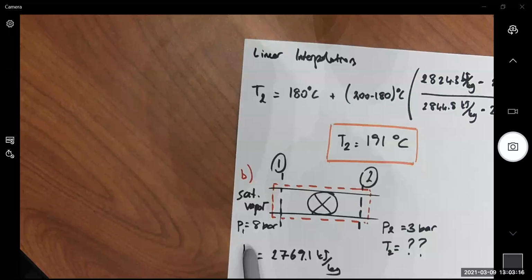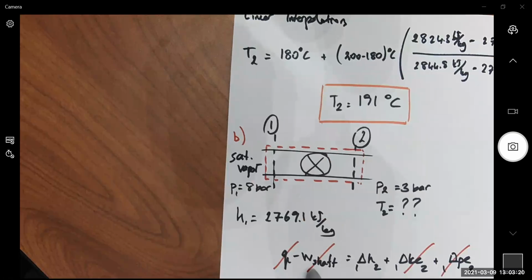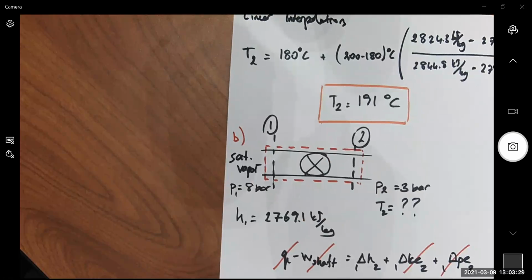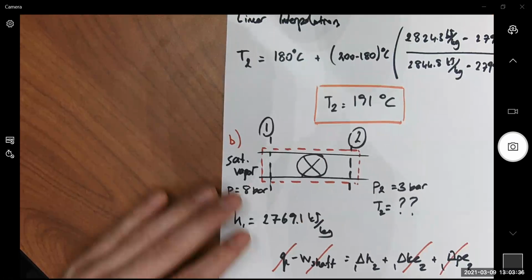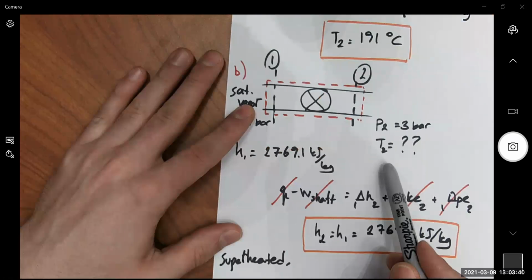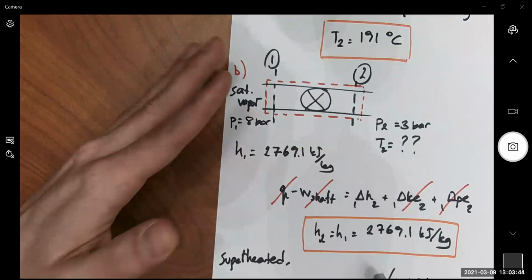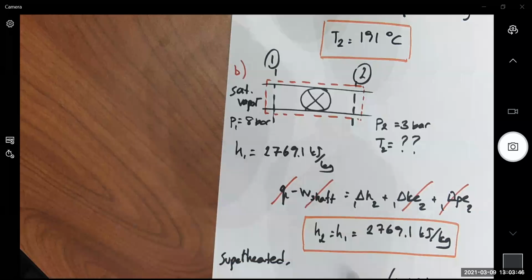From the first law for one inlet, one outlet, steady state, I found my exit enthalpy as well. Knowing your exit pressure, if you check your enthalpy, it should be in the superheated region. That's how I know. And knowing your enthalpy, you can find where your temperature lies on that superheated table. Clear?